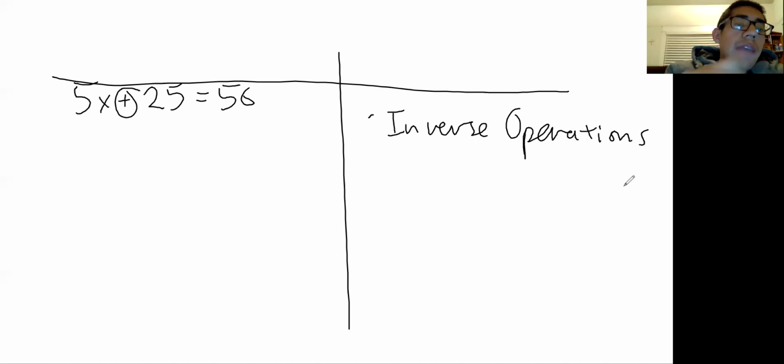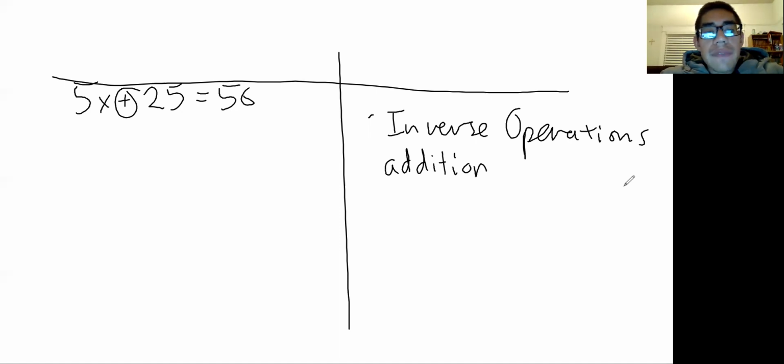If you notice, there's two operations going on here. There's the addition, 5x plus 25, and there's multiplication, 5 times x. So we need to identify that addition is our first operation.